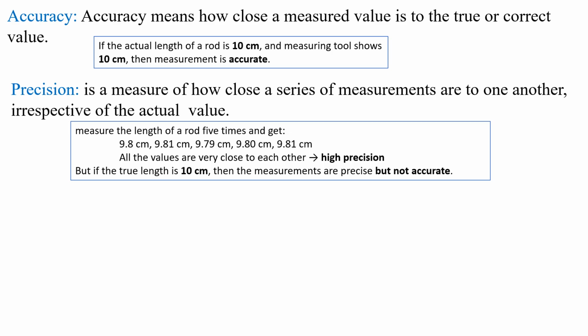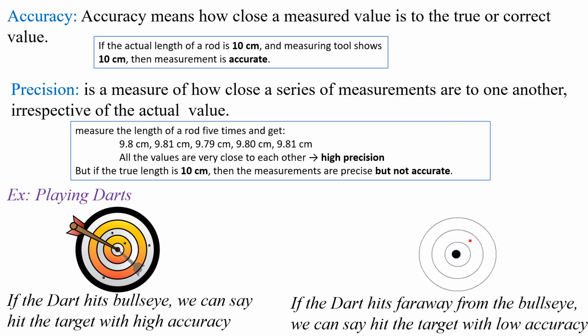But the actual value, the true length, is 10 centimeters. The average value is not close to the true value, but all the measured values are very close to each other. Then we say that the measurements are precise but not accurate. So let's see another example with playing darts.